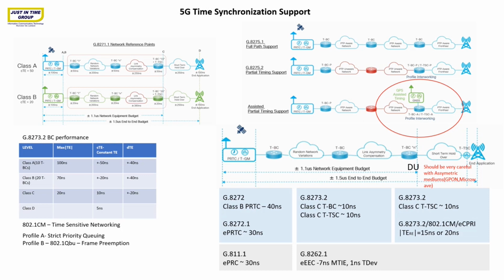G.8273.2 is a specification which defines what should be the time error budget of a network equipment when you pass timing information from node to node. So in 5G, it should be in class C and also class D. That means accuracy should be in 10 nanoseconds or something like that.